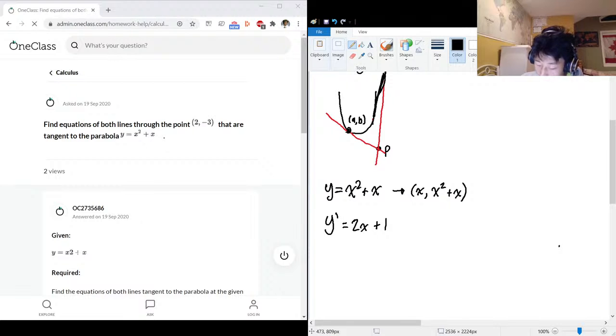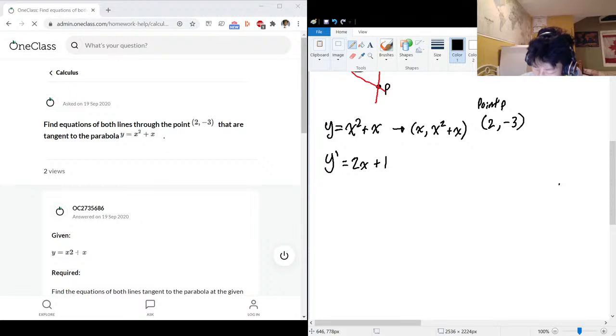And then our point P has coordinates 2 on the x and -3 on the y. So let's find the slope between these points. Of course, this one is not an actual point, but this gives us any and all points that are on the graph.